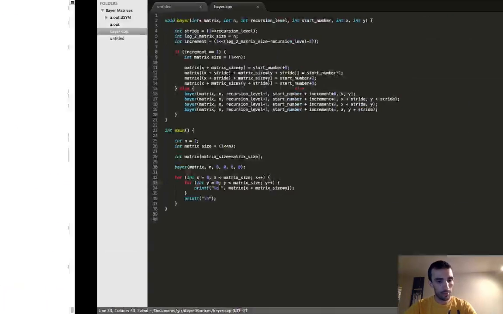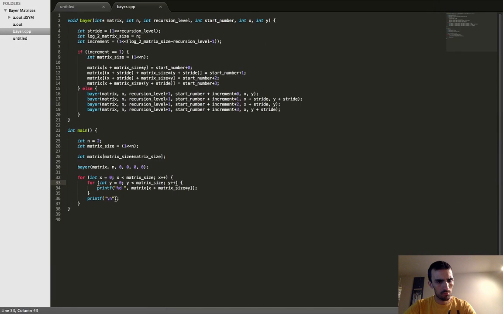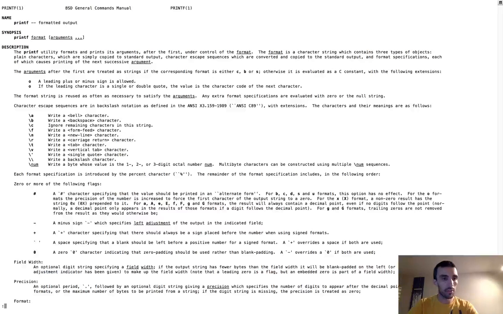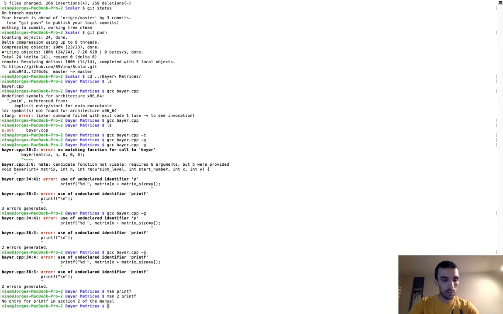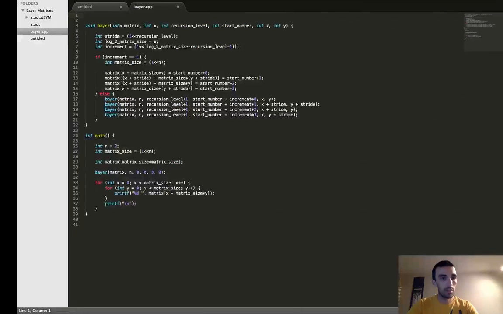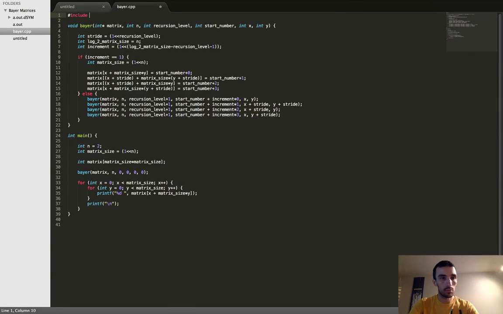Compile errors. Undeclared use of printf. I should probably import the stupid header file. Where is it? Come on. stdio.h.